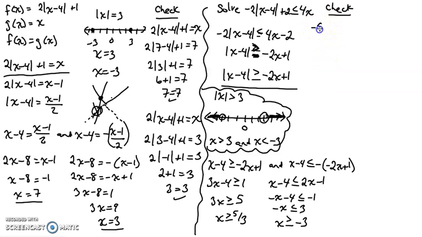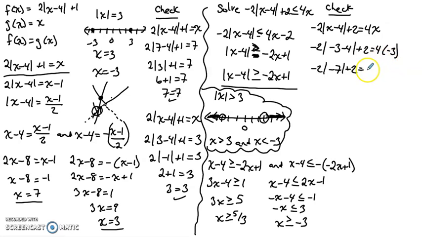So if we have negative 2 times the absolute value of x minus 4 plus 2 equals 4x, let's check this one first, where x is negative 3. So negative 2 times the absolute value of negative 3 minus 4 plus 2 equals 4 times negative 3. We get negative 2 times the absolute value of negative 7 plus 2 equals 4 times a negative 3 is a negative 12.